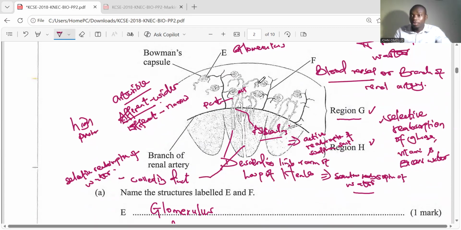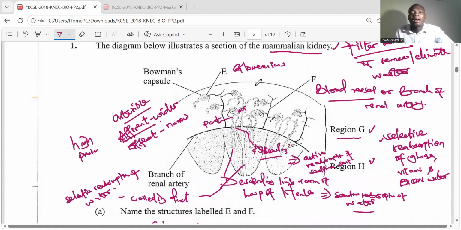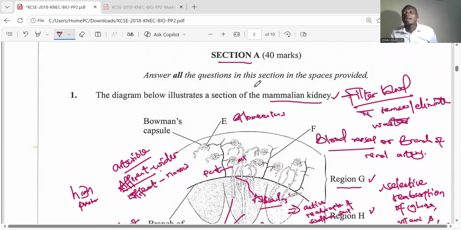So the structure is simple. In the first 5 questions, there must be some diagrams among them, and in most cases those questions are diagram based. And they are structured questions. Very simple. Once you know what takes place, you are good to go.